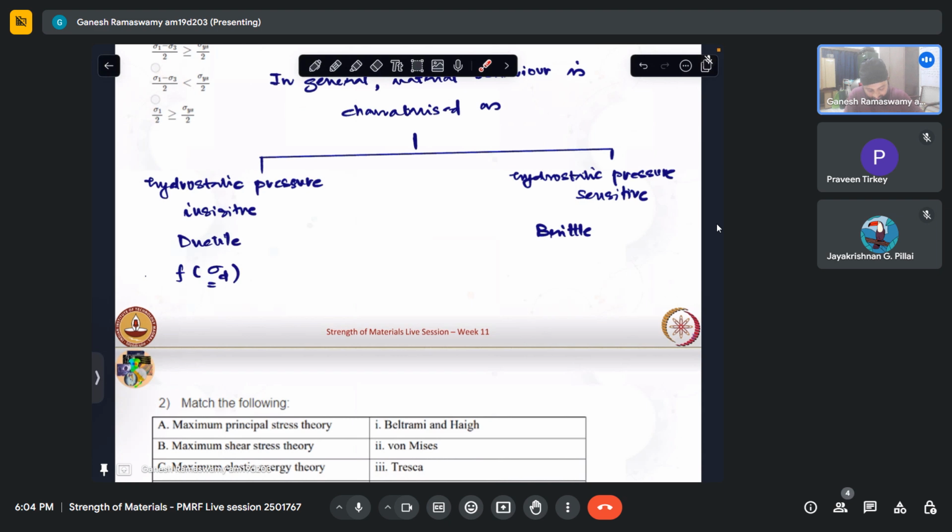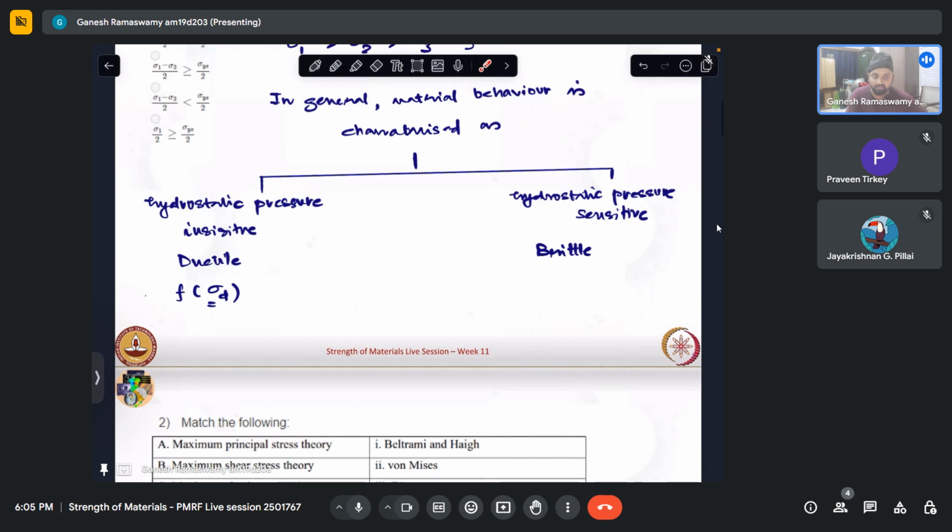There have been many theories propounded to estimate the safe loads for these metals, namely von Mises and Tresca and so on. One depends on the maximum shear stress, one depends on the invariants of the octahedral shear stress and so on. These come under the ductile category. Whereas in the brittle category, we know the maximum principal stress.